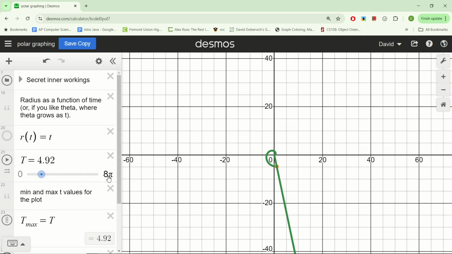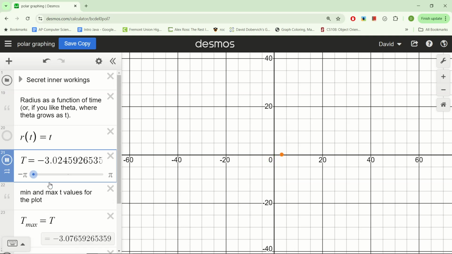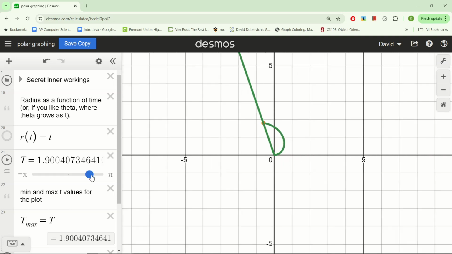Some people wanted to know what happens if you get to negative angles. So I think my grapher actually doesn't work for negative angles, but let's see. Yeah, so I'm not actually plotting the line for negative angles, but let's go and see what happens to the point. So here I am at pi, backing up to 0, and then it's going in the opposite direction.